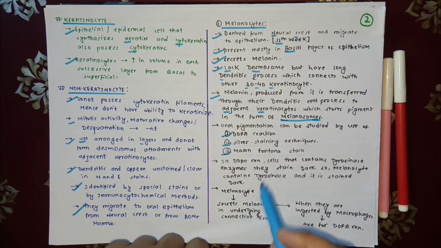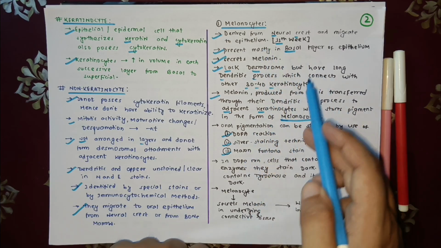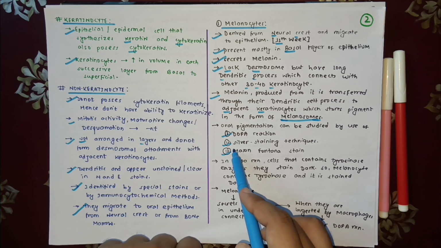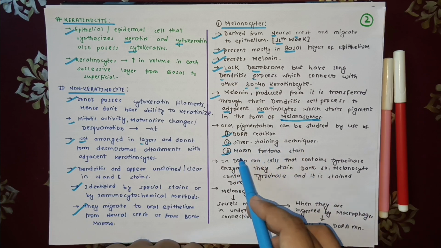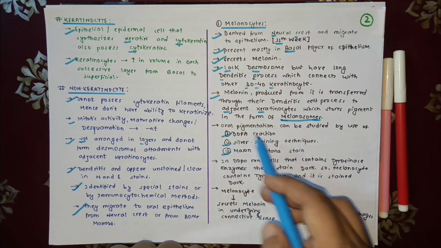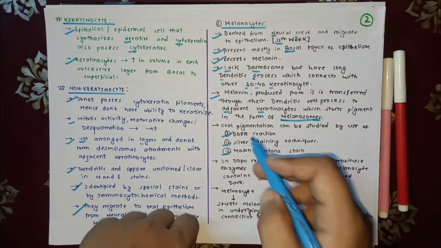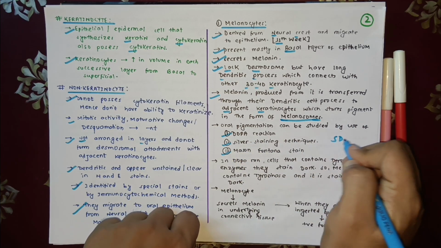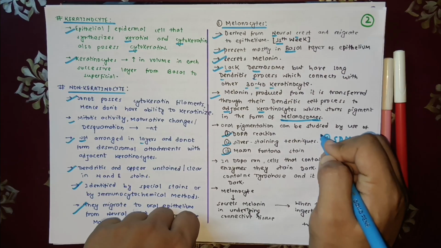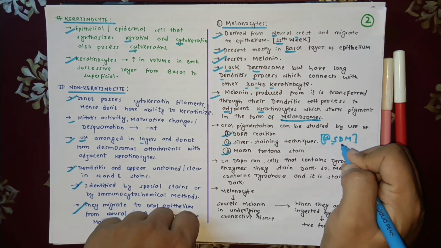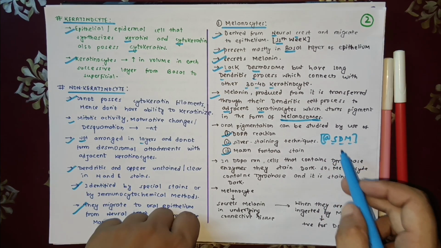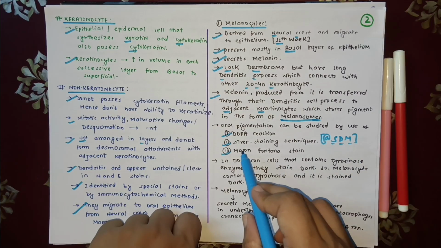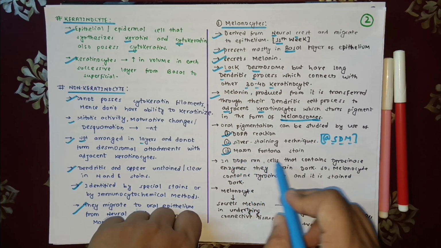Those specific stains for the melanocyte are the dopa reaction, silver staining technique and Masson-Fontana stain. You can remember by your own mnemonic, SDM: S means silver staining technique, D means dopa reaction, and M means Masson-Fontana stain.